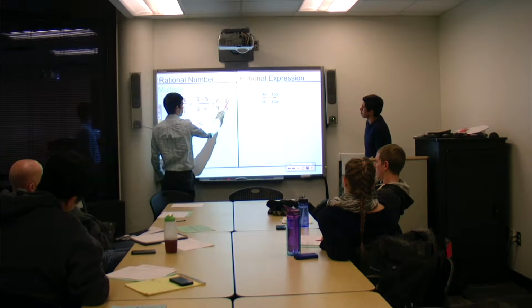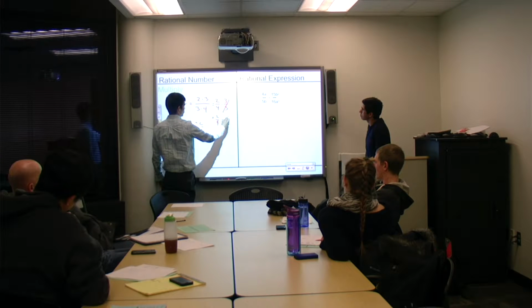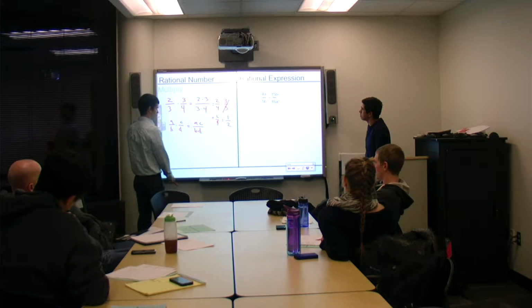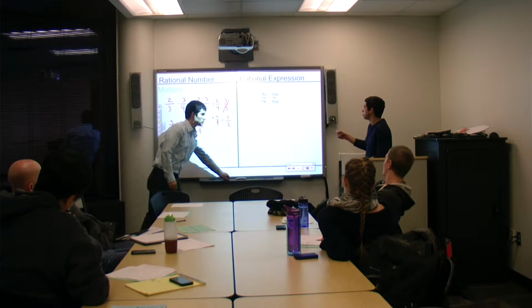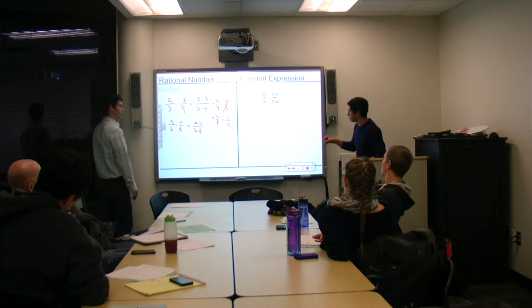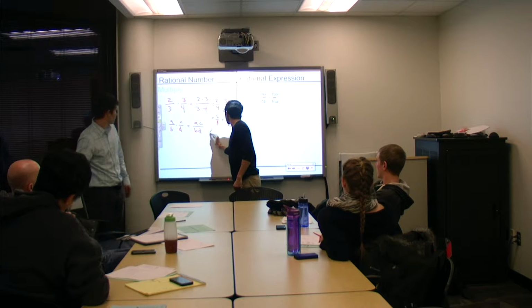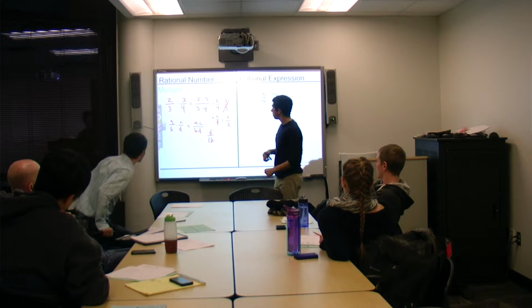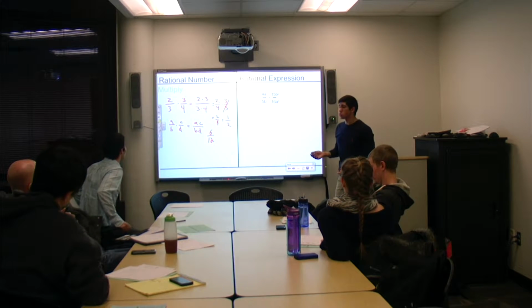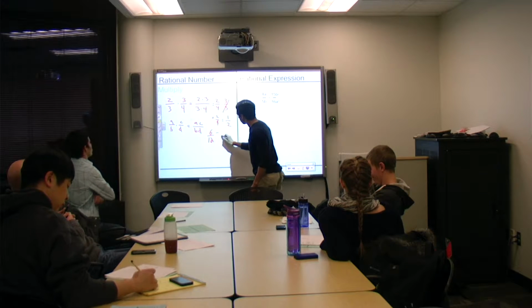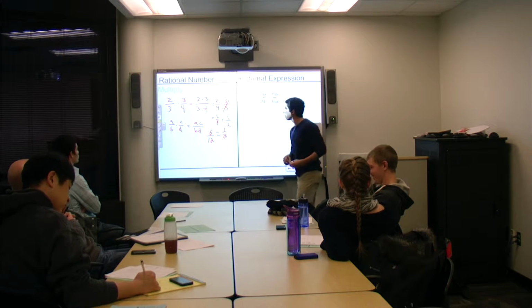We know 3 over 3 is 1, so we're left with 2 over 4, which is 1/2. Good. You could also have used a different method: multiply these two numbers out to get 6 over 12, then divide by the common factor, which is 6. We still get 1/2.